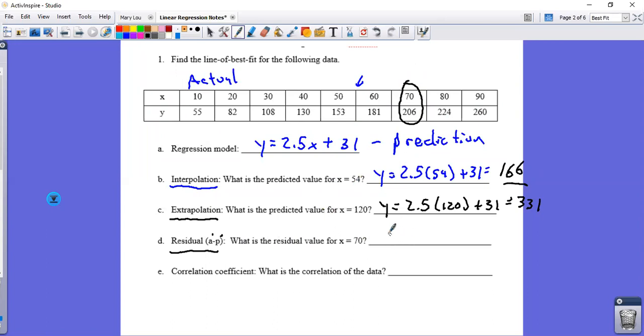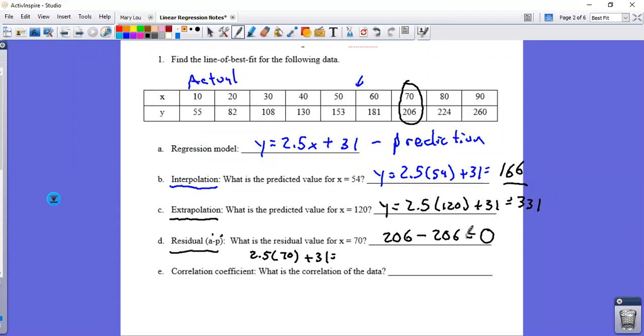So the actual answer is 206, so it's the actual minus the prediction, 2.5 times 70 plus 31. The actual is 206 also. So we get a residual of 0. And that's good. That means that a lot of this data has fallen right on the line.